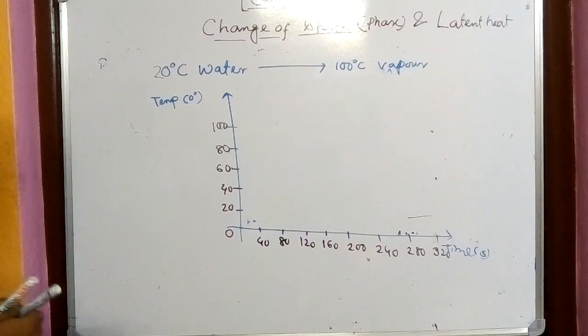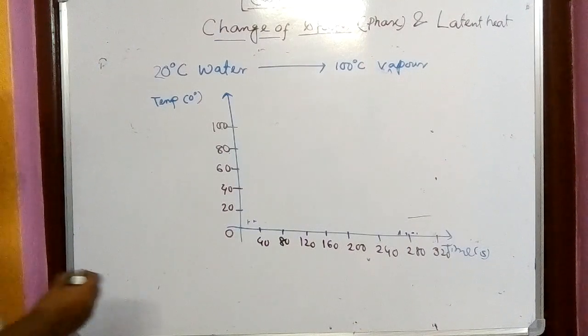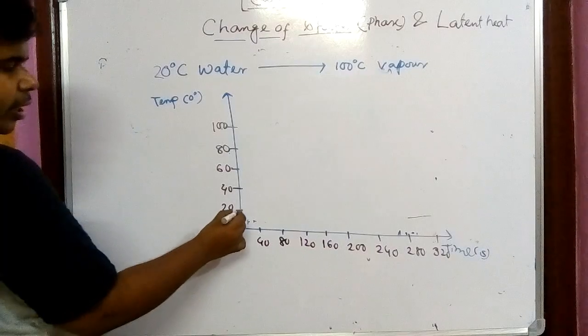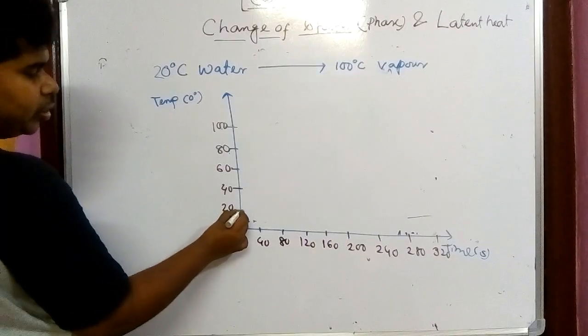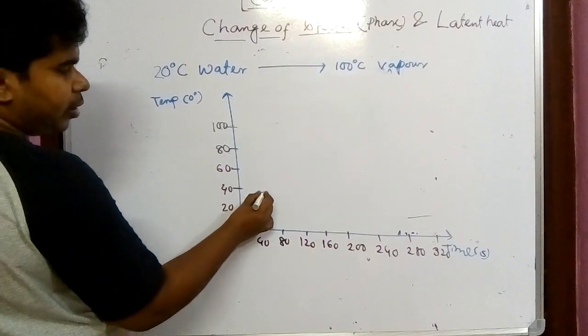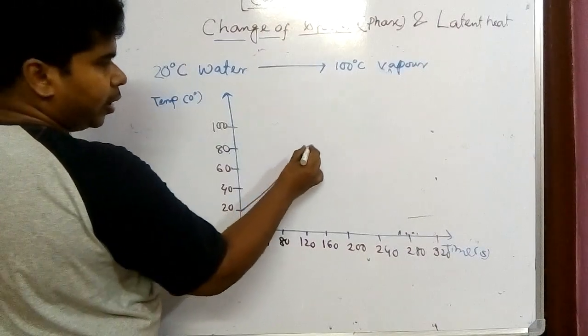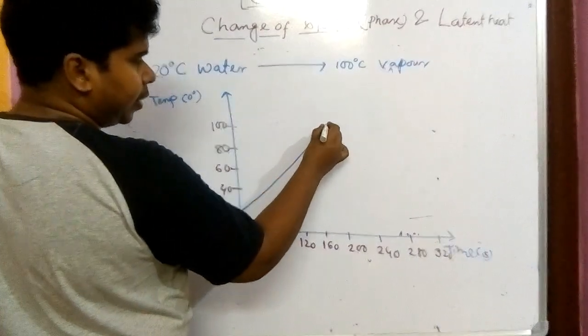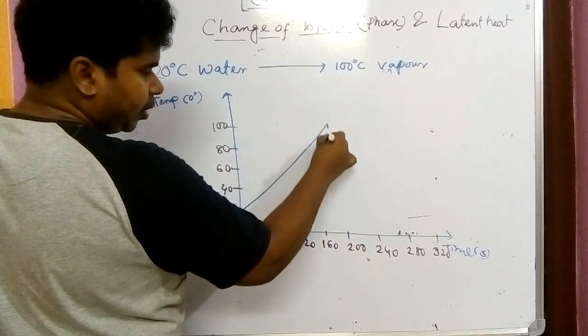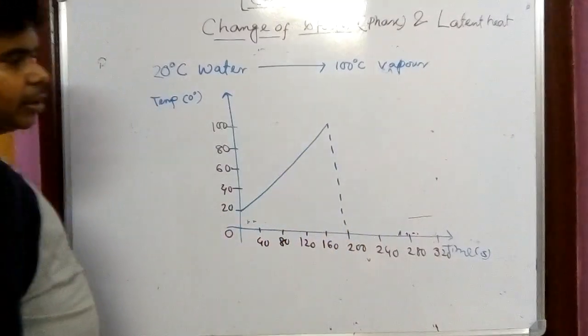Now the water given to you is at 20 degrees centigrade. As you increase the temperature, it increases from 20 and reaches 100 degrees centigrade. Assume it reaches 100 degrees centigrade at 200 seconds.